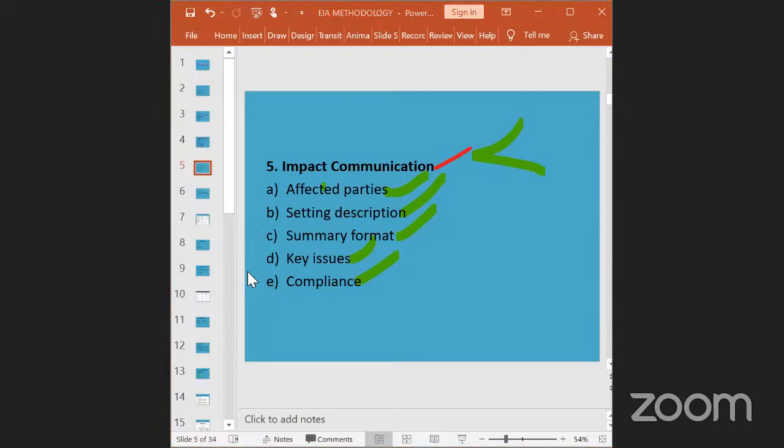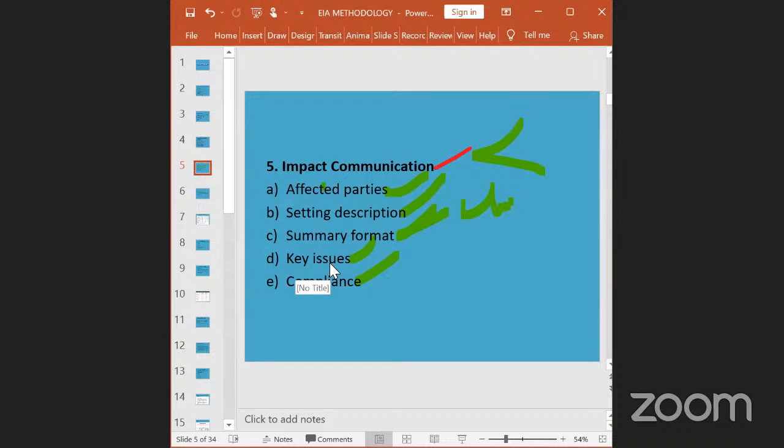Setting description. It should provide a description of the project setting, to aid the users in developing an adequately comprehensive overall perspective. The next, summary format. All of you know about the summary format.